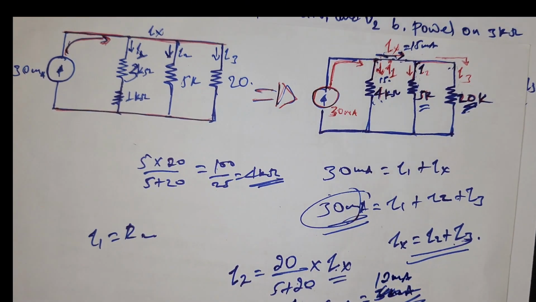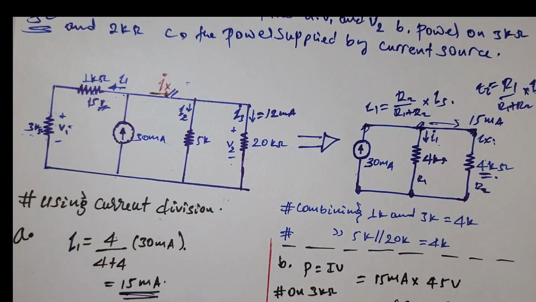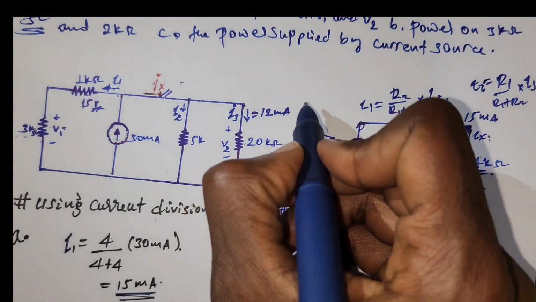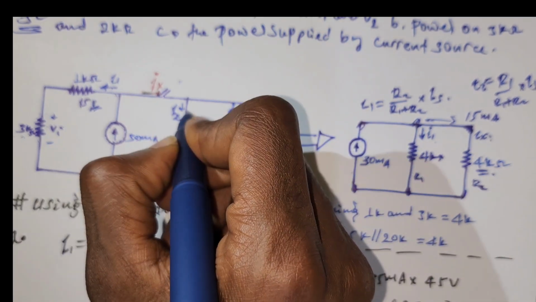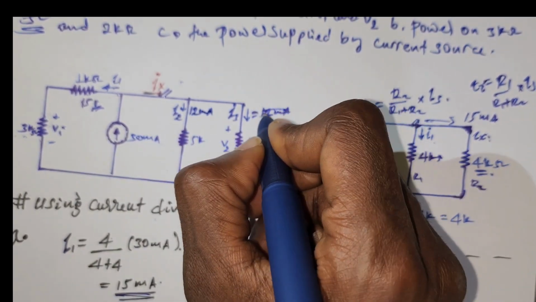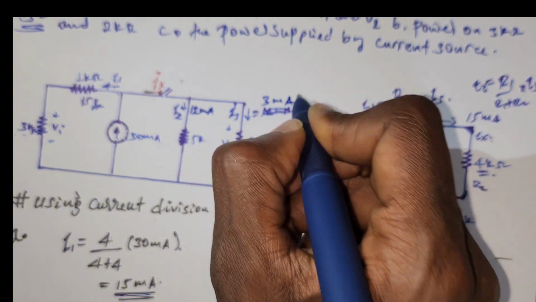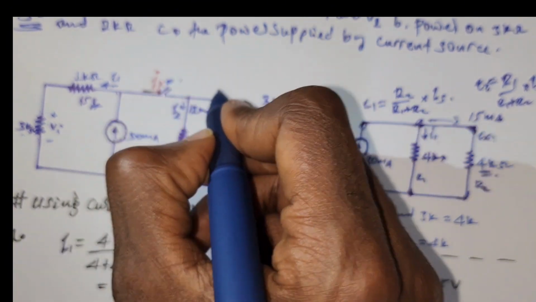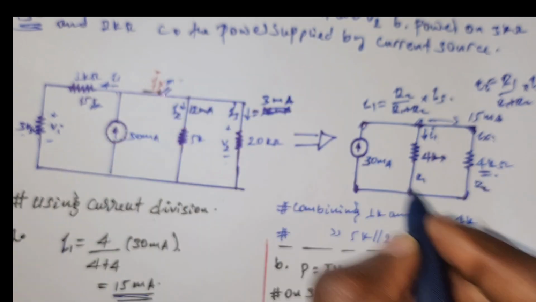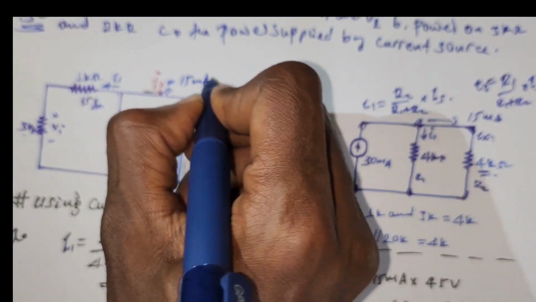milliampere. So I2 is 12 milliampere. This one is 3 milliampere, because we already calculated Ix, which is equal to 15 milliampere.